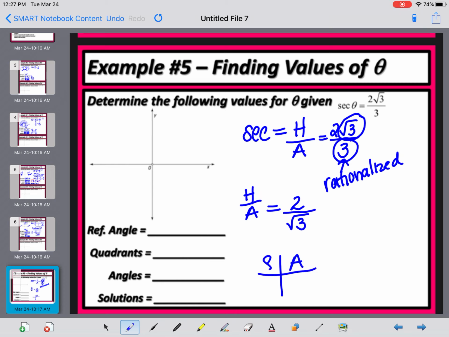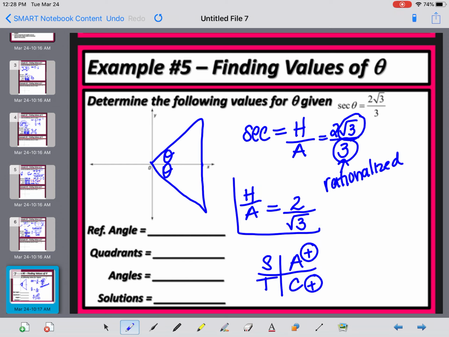So we go back to all students take calculus. Now since secant is the reciprocal of cosine, we're picking the quadrants where cosine is positive, which happen to be 1 and 4. So I'm going to place triangles in 1 and 4.